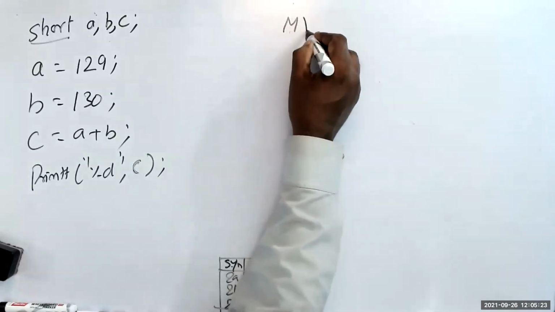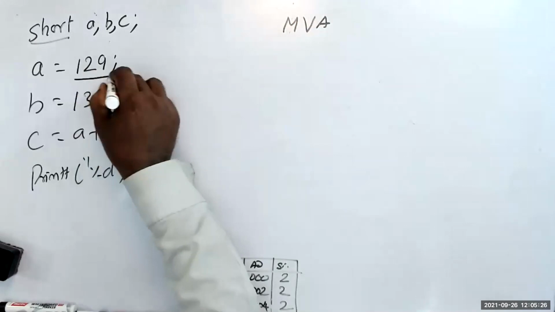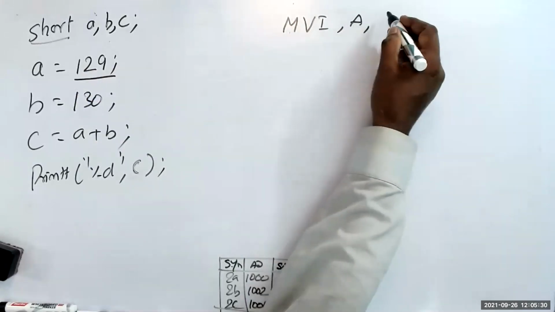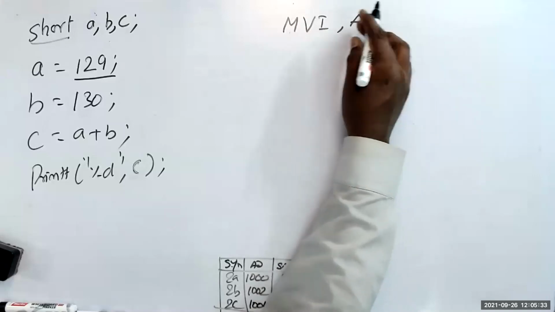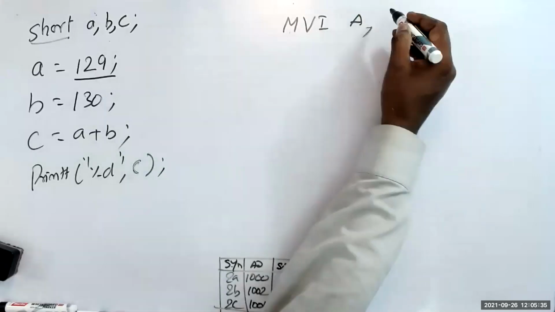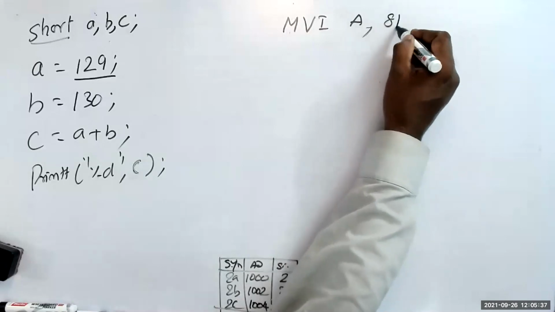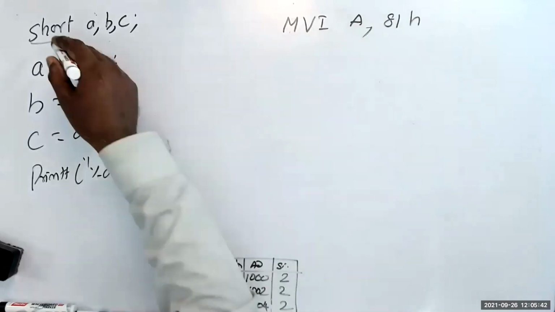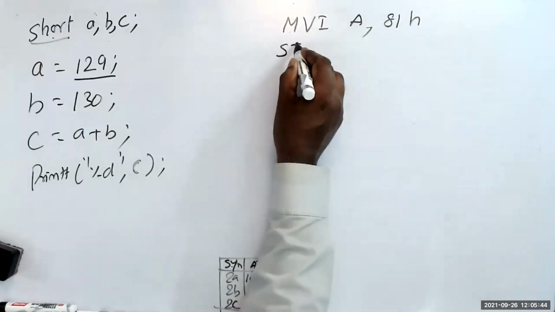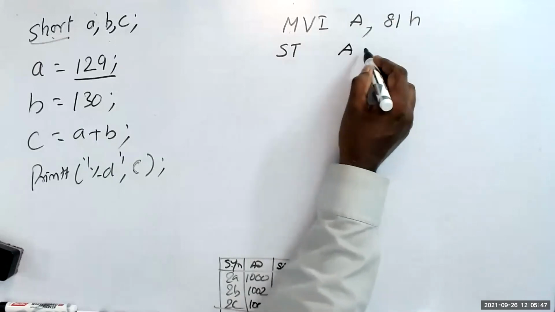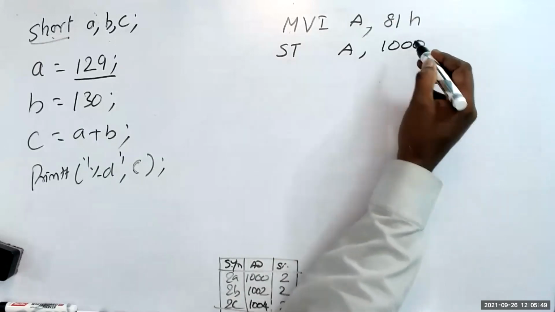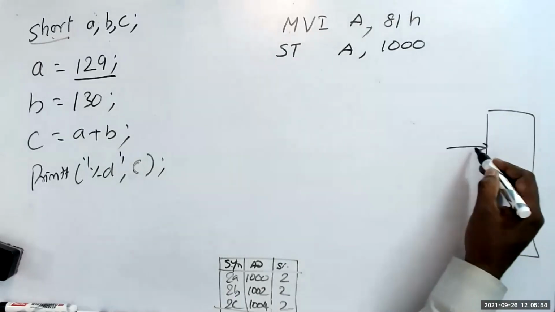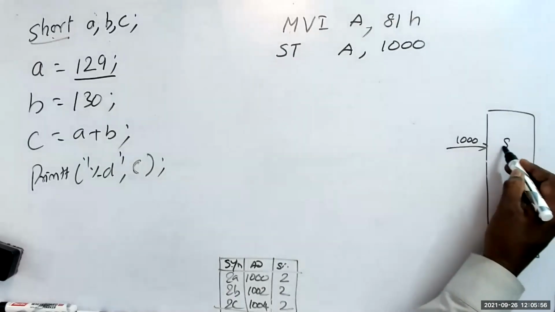You have written move immediate A, 129. 129 means 81H. That's only 8 bits, but you allocated 16 bits. I put store accumulator at 1000. So on the memory at 1000, I store 81.